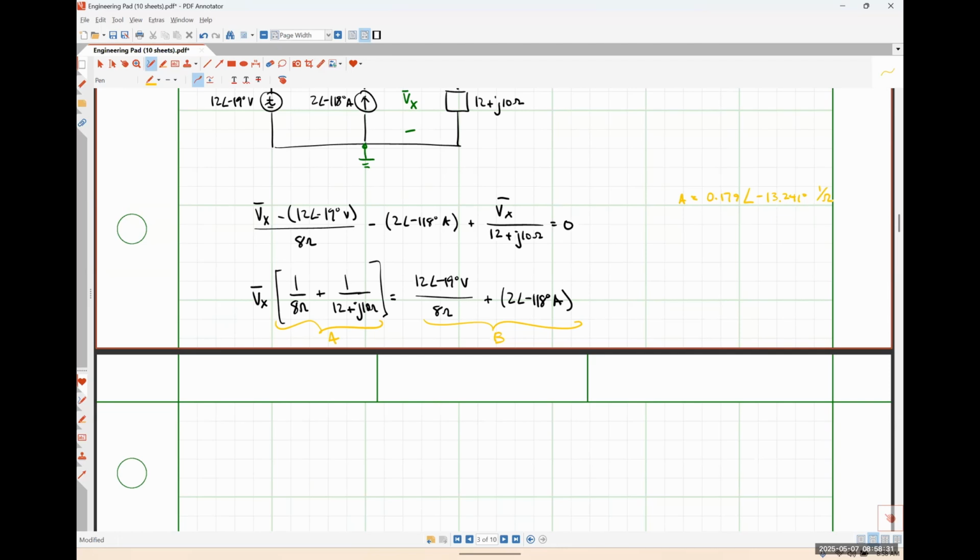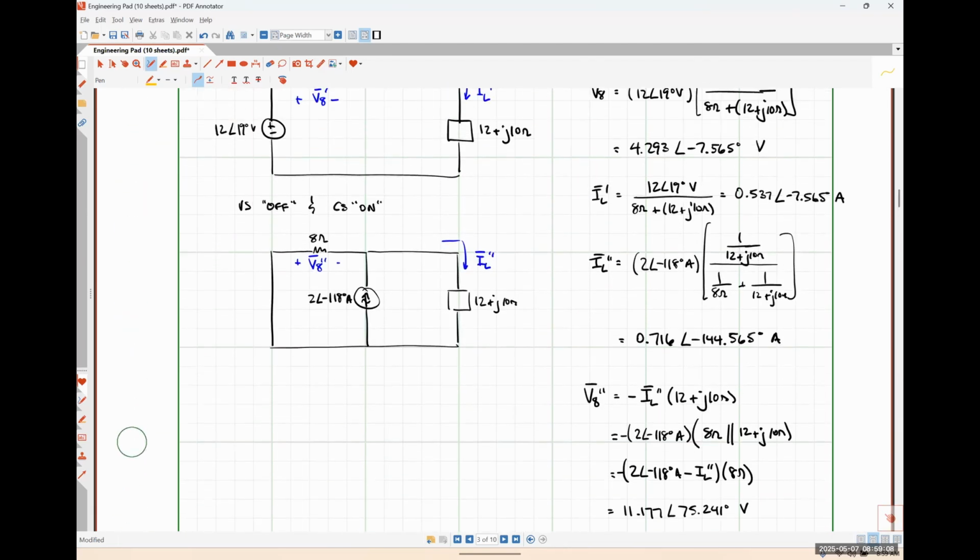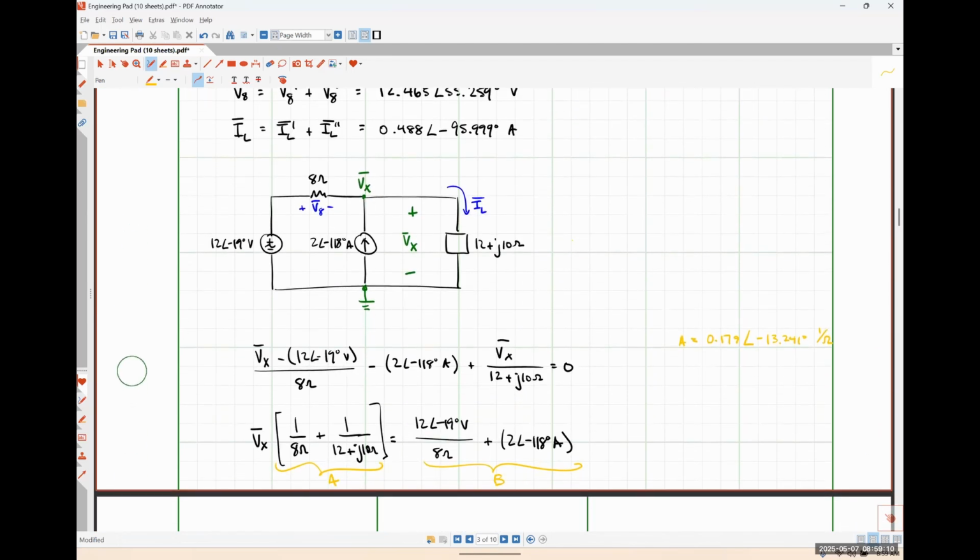Let me put that back in my calculator because it's being a pain storing that value for later. There we go. And then B, now I'm putting that in my calculator, so that's just 12 angle, oh, it should be positive 19. Thank you for that.